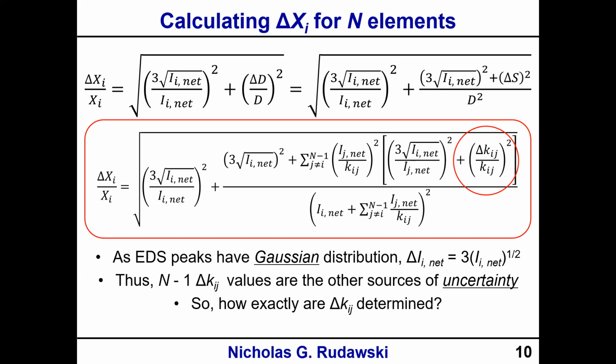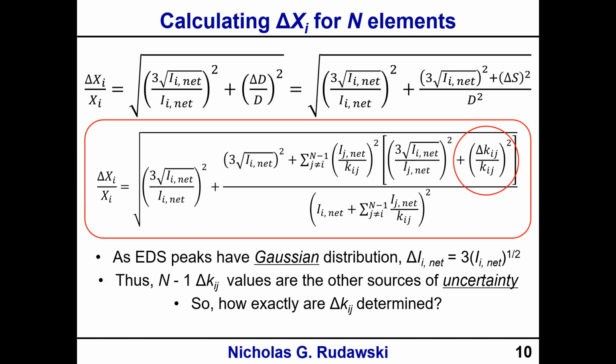So we have n-1 delta Kij values as the other sources of uncertainty, because we're not accounting for the uncertainty in the other peaks. We're only accounting for the uncertainty in the I sub I peak.